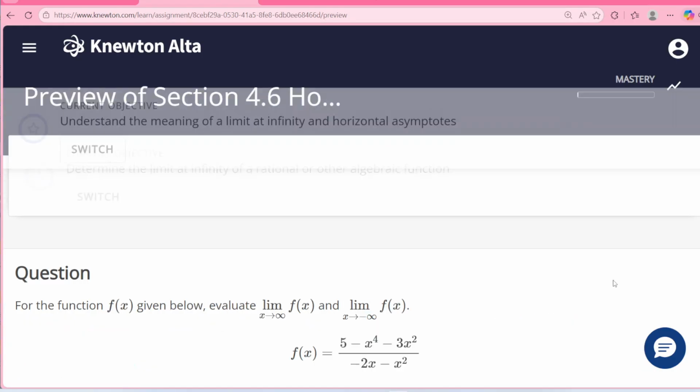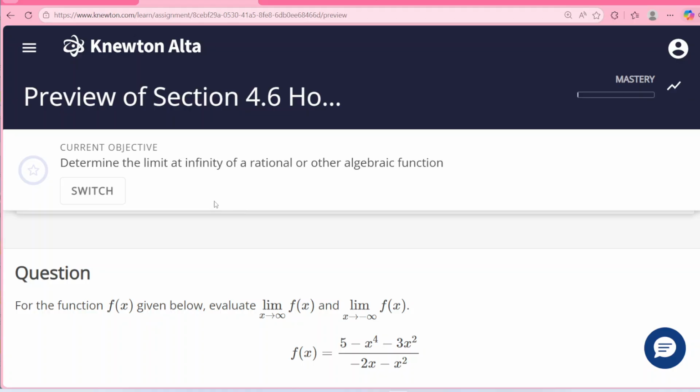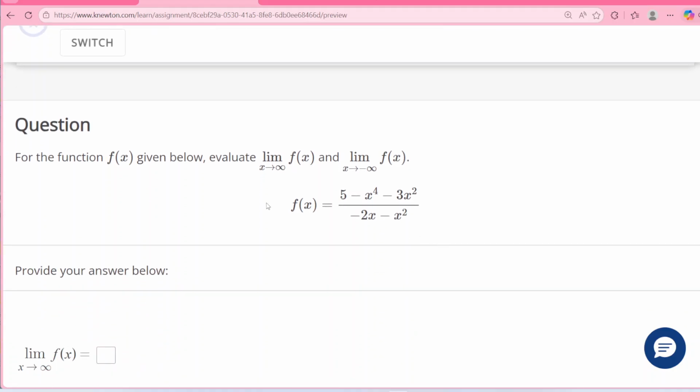Great. All right, so it's switching up. Now it's asking me to determine the limit at infinity, either positive or negative infinity, of a rational or other algebraic function. We're given this function, where you have a degree 4 polynomial in the numerator and a degree 2 polynomial in the denominator.